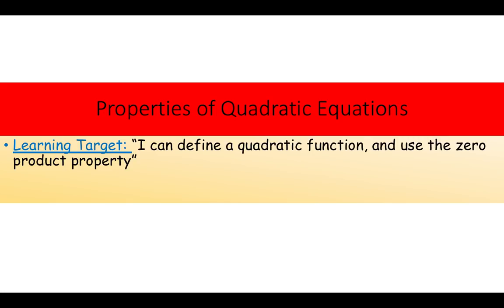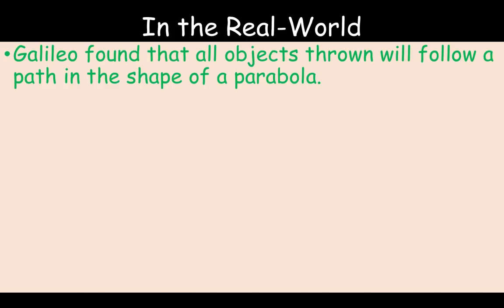So first, before we do that, I'm just going to review some basic things about quadratic functions that you learned last year, but you will also need to review for this year. Just as background knowledge, in the real world, quadratic functions have the shape of a parabola.